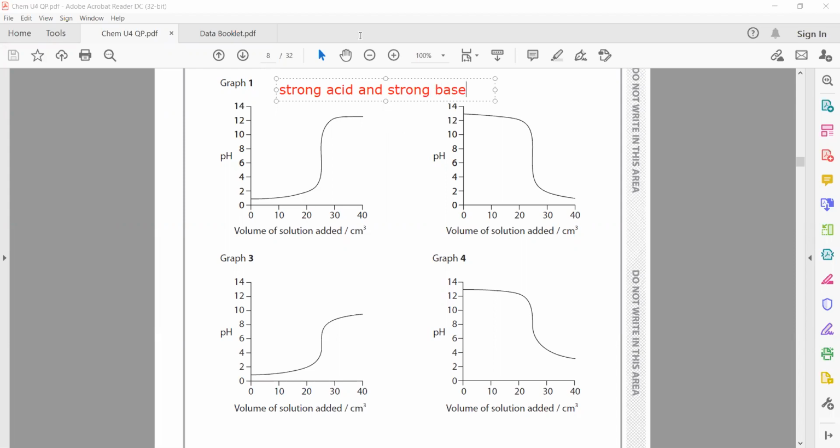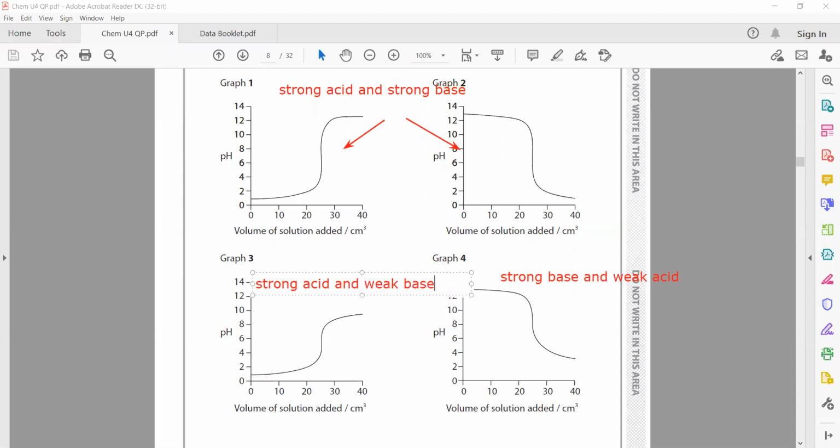These two both are strong acid and strong base because it's starting at 13. This one is for strong base and weak acid. But this one is for strong acid and weak base.